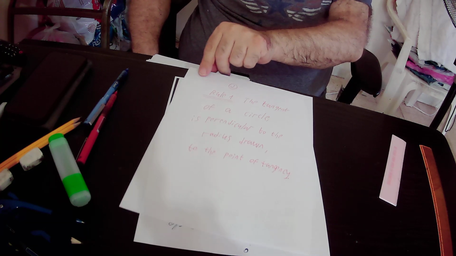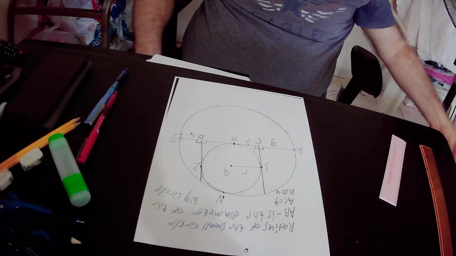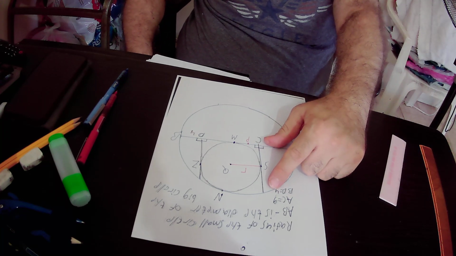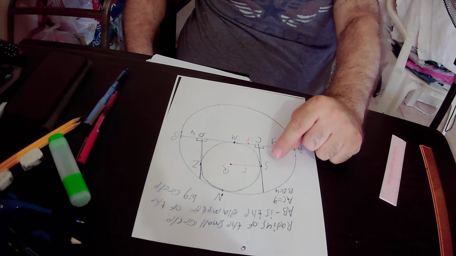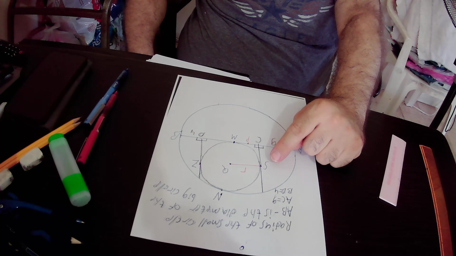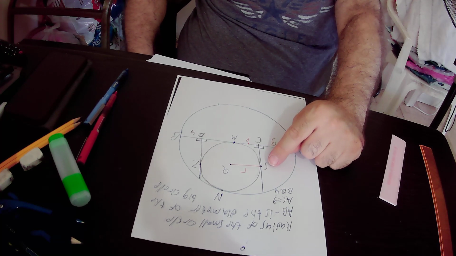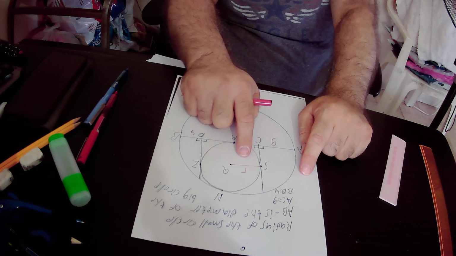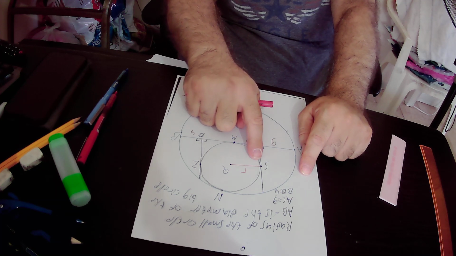So actually here we have a tangent to the circle. This line segment is tangent to the circle at point S, and we have a radius that is drawn to the point of tangency.